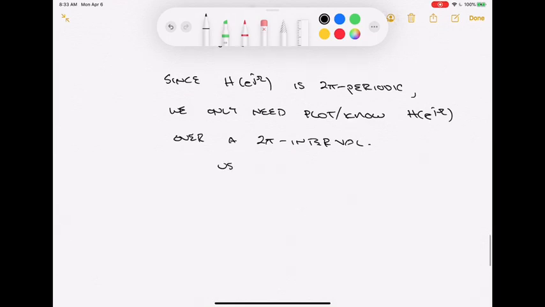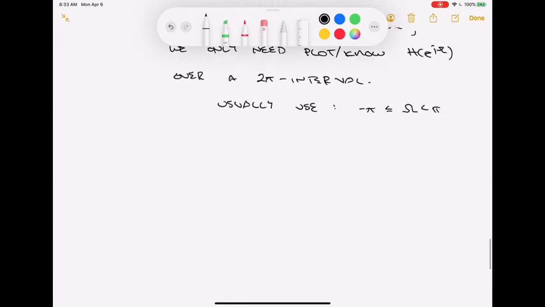And we usually use what is called the principal range, that part that is normally not associated with aliasing, minus pi less than or equal to omega less than pi. We include a 2 pi interval, and we usually use that one for what is naturally low frequencies.